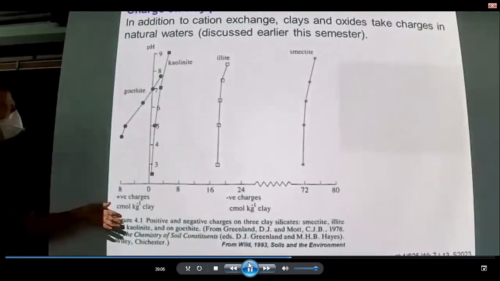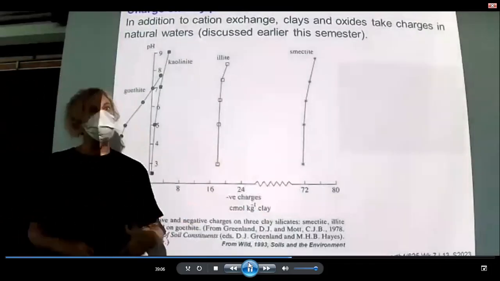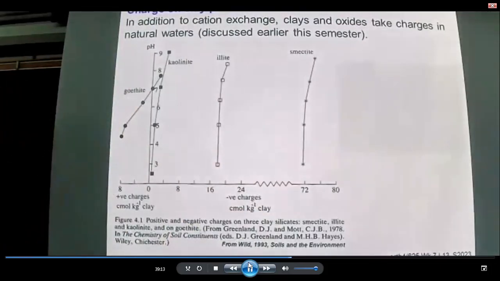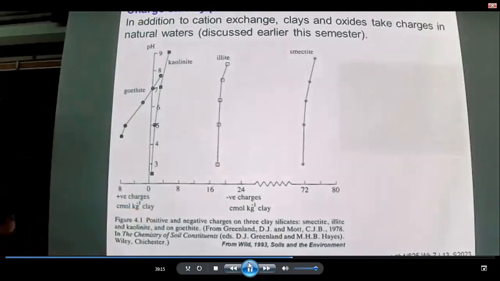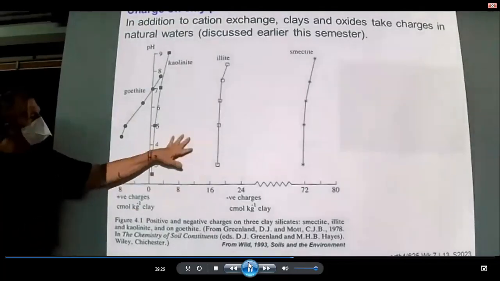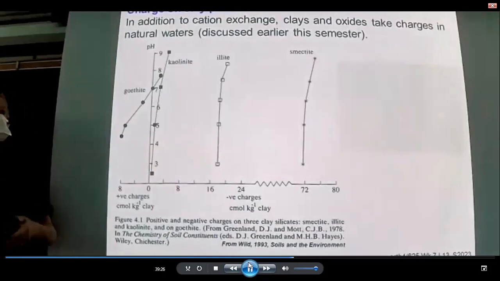And at higher pH, they tend to have a little bit more charge. But this shows you the relative difference of the roles of pH and Bronsted acid-base exchange on charge versus mineral structure and ion substitution. It's the ion substitution that really generates most of the charge that we see on these clay surfaces.